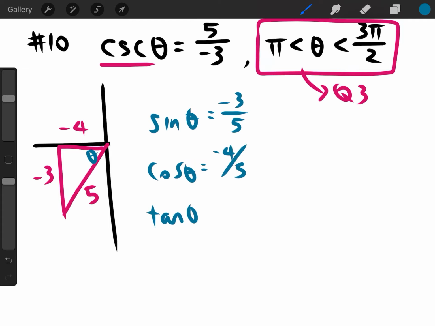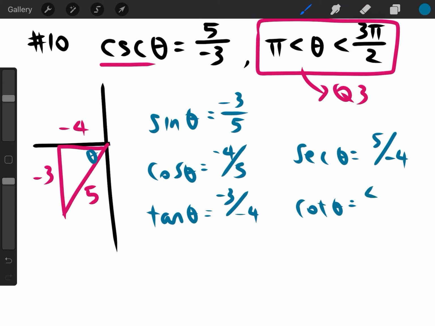Tangent is going to be opposite over adjacent. That's going to be positive 3 over 4. And then cosecant is already given there. So secant theta, now we're just going to flip the fractions. Cotangent is going to be 4 over 3. It was negative over negative, and that makes it positive.